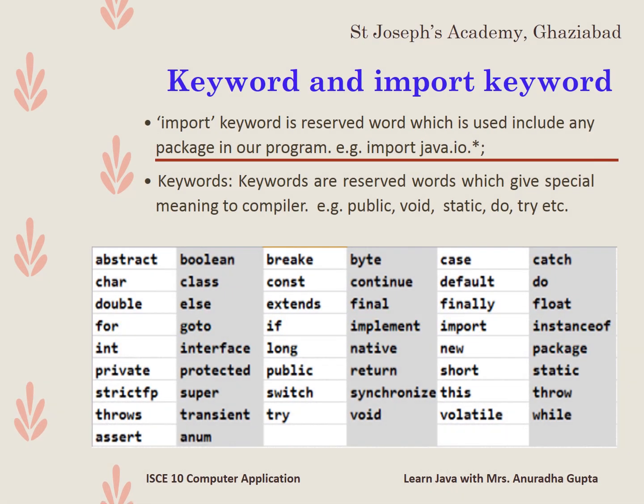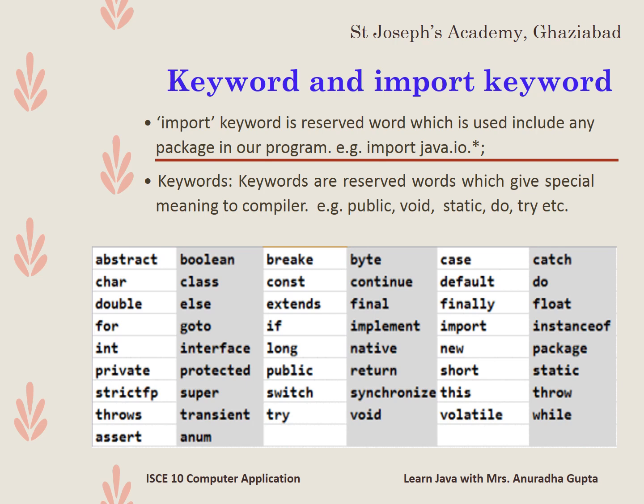Next, you have to learn about the keywords, and the main important keyword is the import keyword. When we need to include any package in our program, we take the help of the import keyword. import java.io.* means we are including the java.io package in our program.